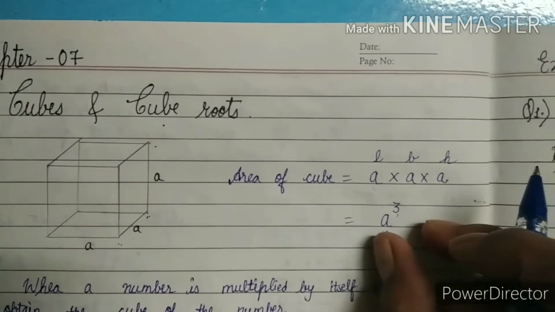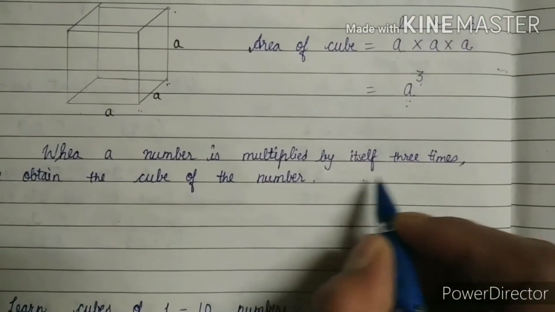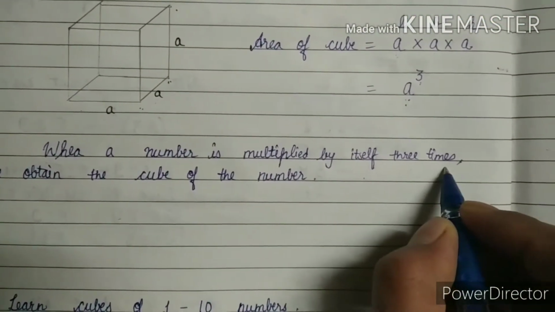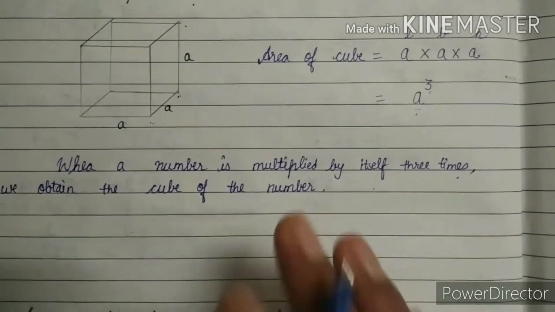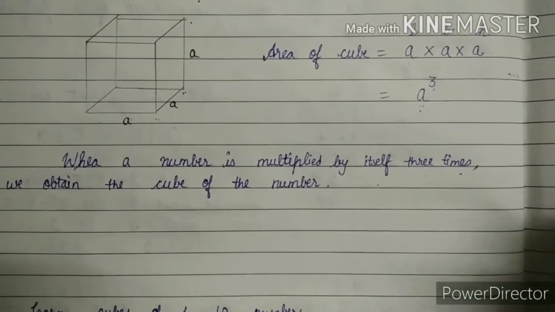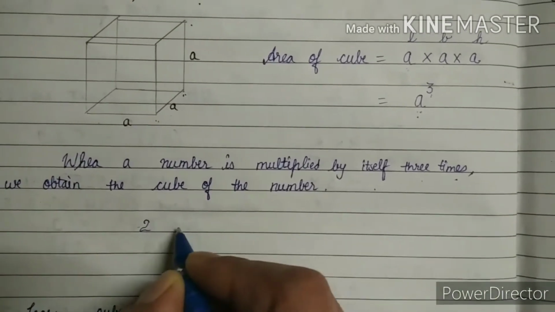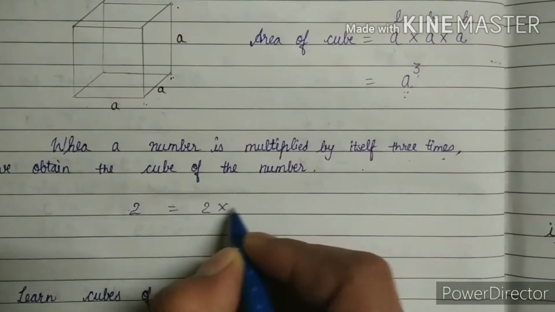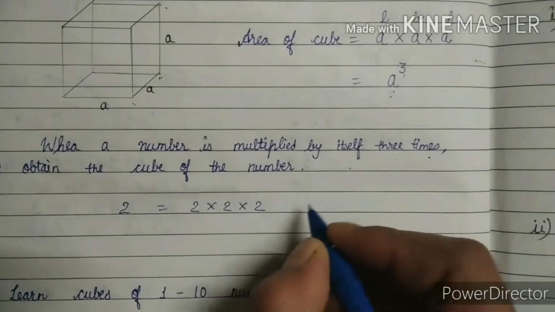The same thing we follow with numbers. When a number is multiplied by itself 3 times, we obtain the cube of the number. If we take 2, it is 2 into 2 into 2. How many times are they multiplying?